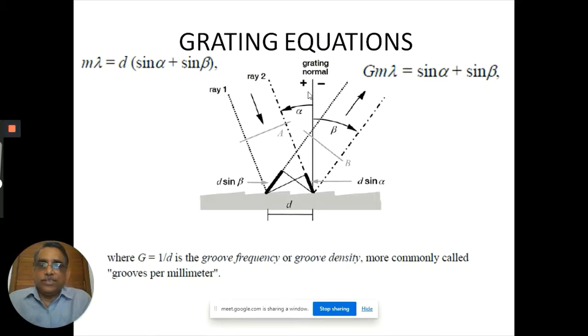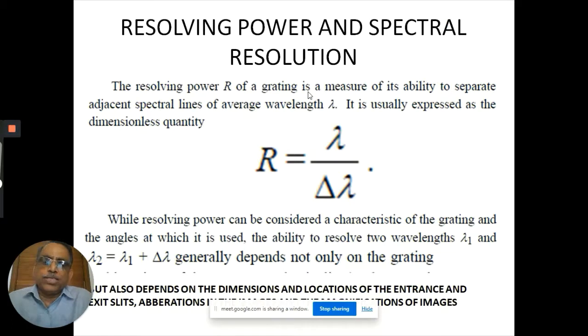So G, which is equivalent to 1 over d, is very important. You should also understand, when you handle the grating, the resolving power and the spectral resolution. Ultimately what we want is good spectrally resolved light coming out of the spectrometer, otherwise monochromators.